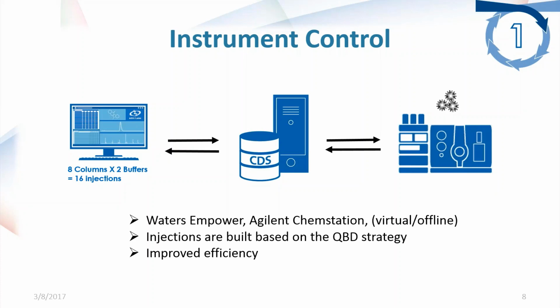There's other steps that are included here, where there will be a purge and equilibration step involved after every injection to ensure the highest quality results. And finally, and I think very importantly, this avoids transcription errors. As you've seen, when you're doing 16, 32, or many more injections, there's a chance that you can make errors, and they can be pretty costly.